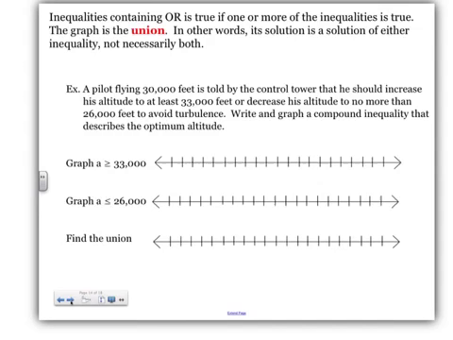You'll see here that we are talking about a union when we are talking about an OR situation. Because inequalities containing OR is true if one or more of the inequalities is true, because it's a union. It could be one or the other. So if I had A is greater than or equal to 33,000, and here I have 0, and here I could have 33,000.